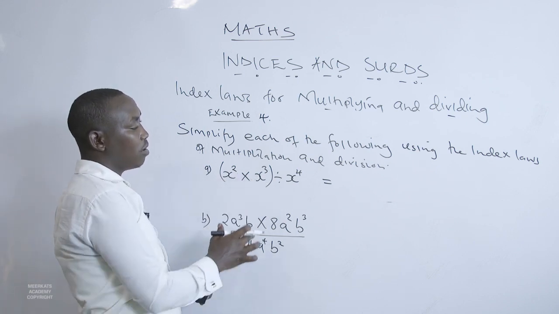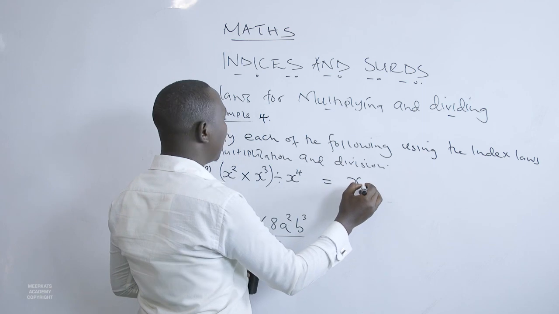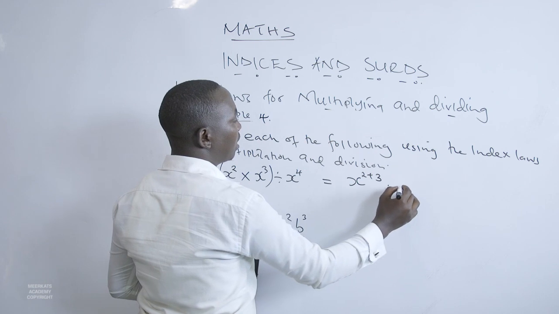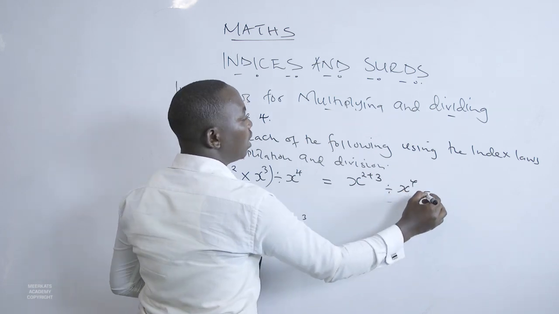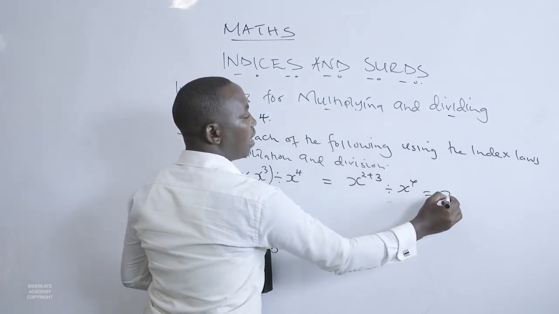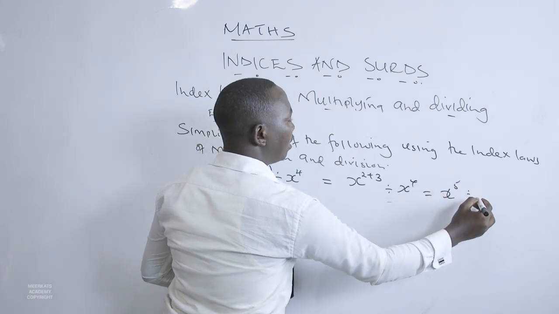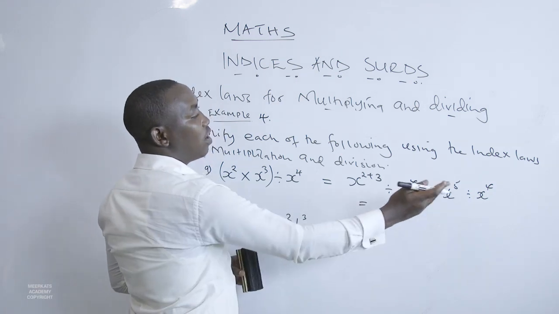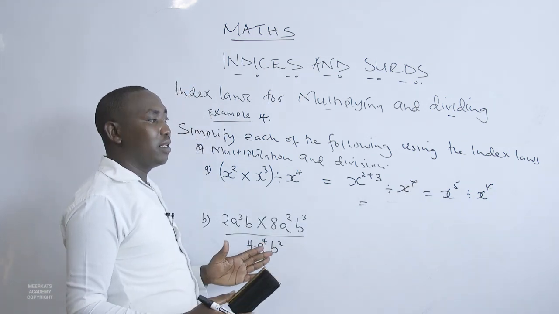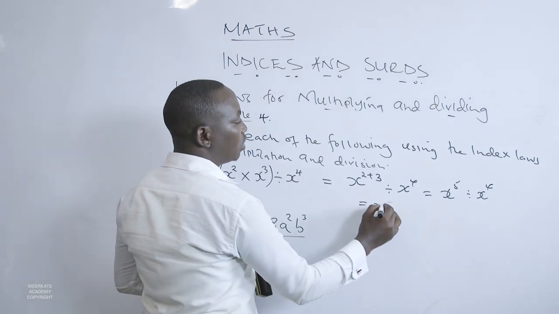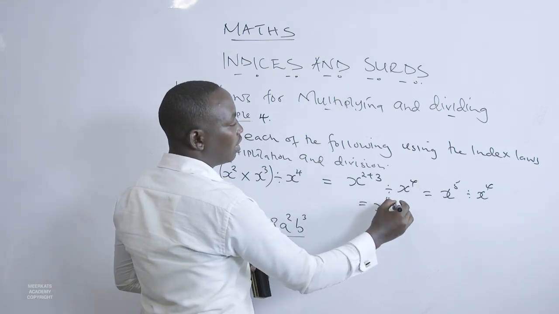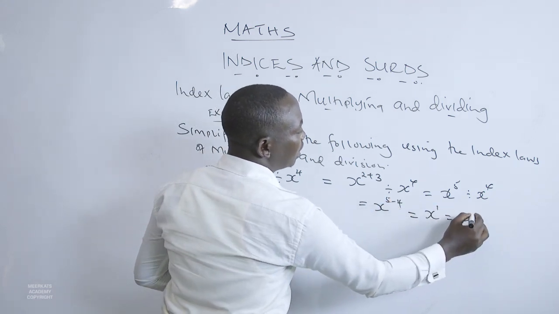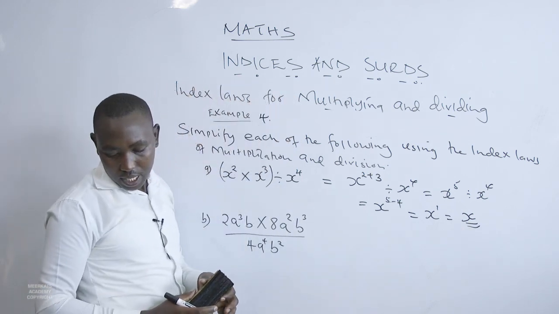And because the bases are the same, we're going to add the powers. So this shall be x raised to 2 plus 3. We are dividing it by x raised to the power of 4. This will give us x raised to the power of 5 divided by x raised to the power of 4. And then because we are now dividing, and the bases are the same, we are going to get the difference of the powers, which will give us x raised to 1, which is simply x.